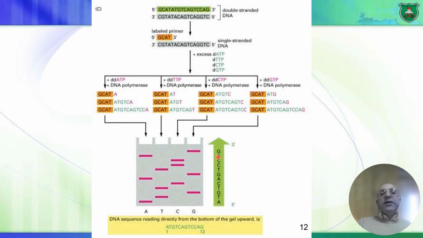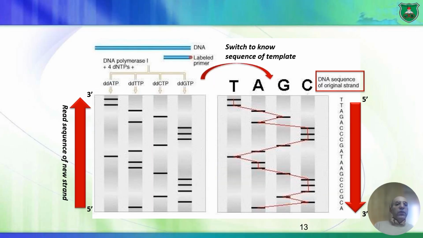Now we know what the sequence of the template is because it's complementary, right? It's complementary to this sequence right here. So now we know what the sequence is. Now look at these examples. So here we have the 4 reactions, dideoxy-A, T, C, G, and so on.